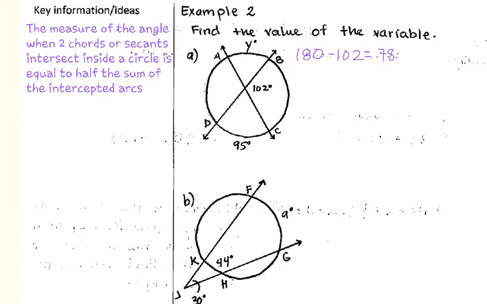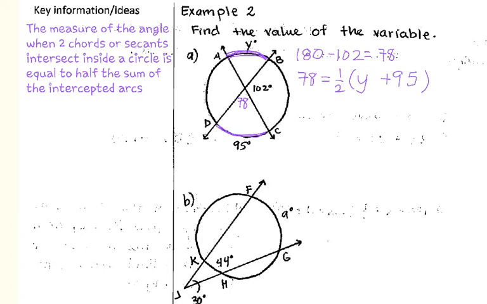I will put that in my diagram. This angle is equal to 1/2 the sum, which is addition, of my intercepted arcs. My intercepted arcs is y and 95.